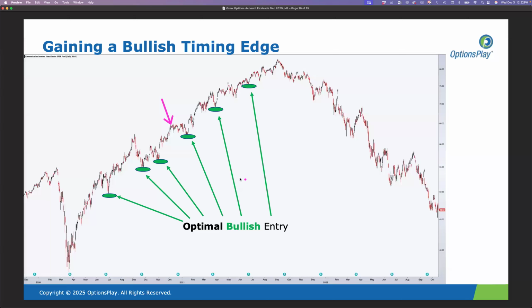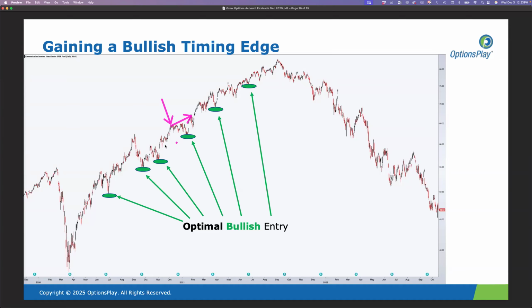Well, you very well could have turned a profit on the credit spread eventually, but chances are you would have had to sit through a few weeks, potentially even a little bit longer, of small losses, small gains, small losses, small gains, before the stock turns higher and you turn a profit.